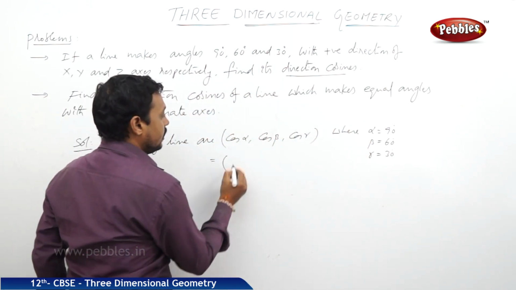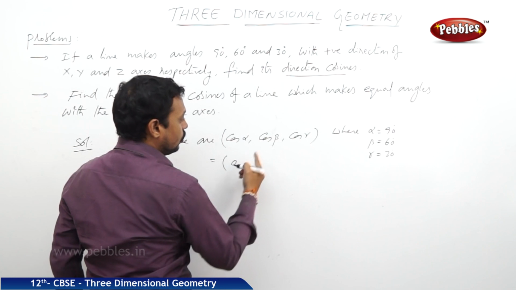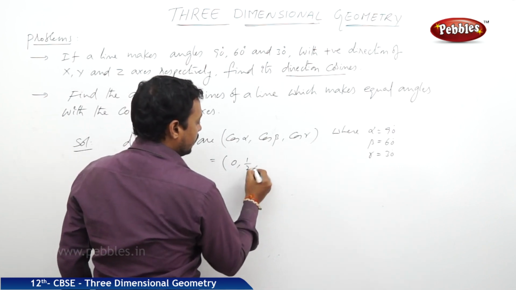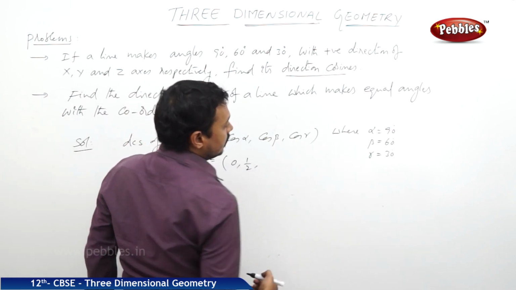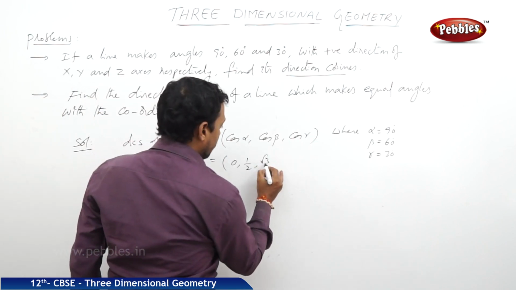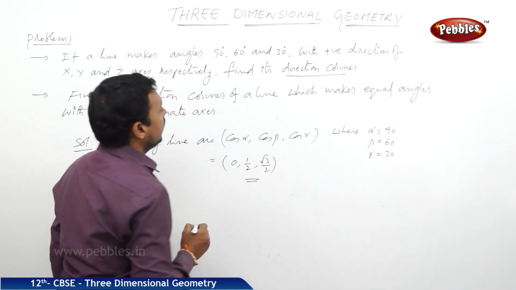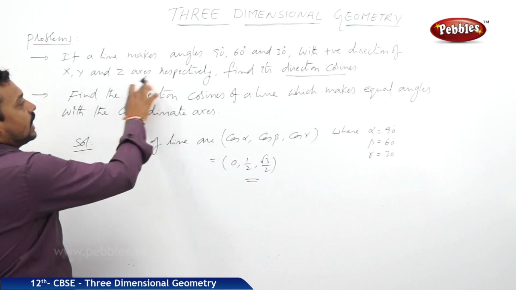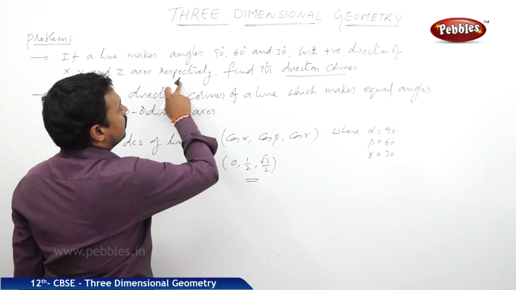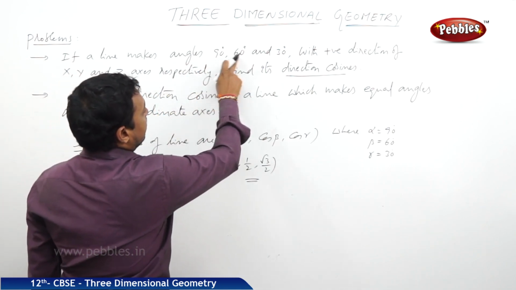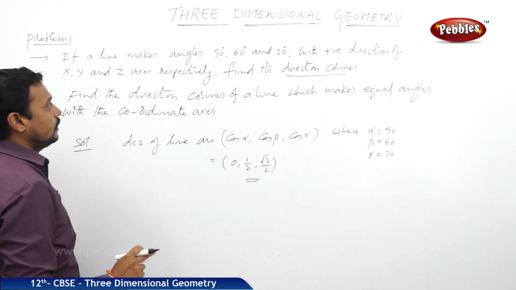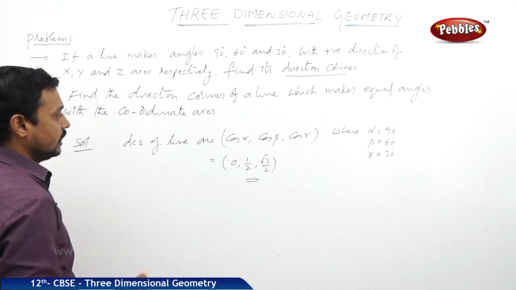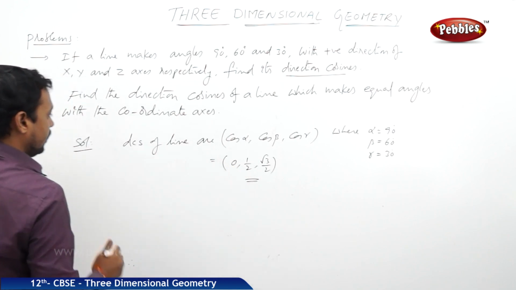Now substitute: cos 90 is 0, cos 60 is 1 by 2, cos 30 is root 3 by 2. Therefore, the direction cosines of a line which makes angles 90, 60, 30 with the positive direction of coordinate axes x, y, z respectively are 0, 1 by 2, root 3 by 2.